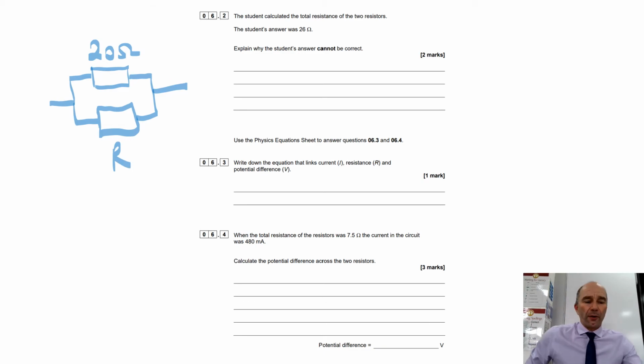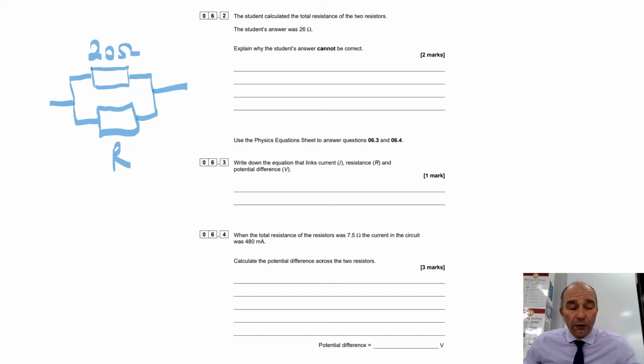Now the thing we've got to remember is that in a parallel circuit, particularly when we've got resistors in parallel, the total resistance is less than the value of the lowest resistor. Taking that into account, the only number we've got here is that 20 ohms.